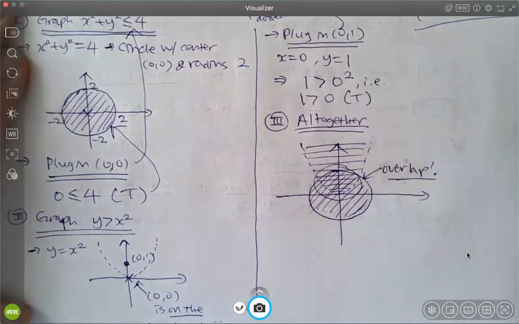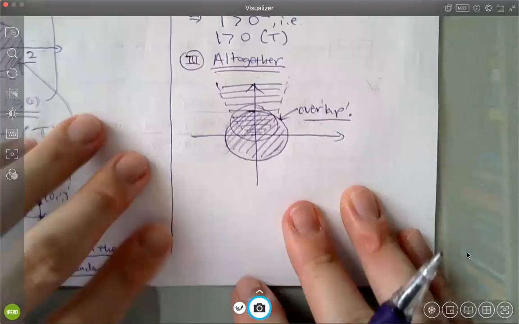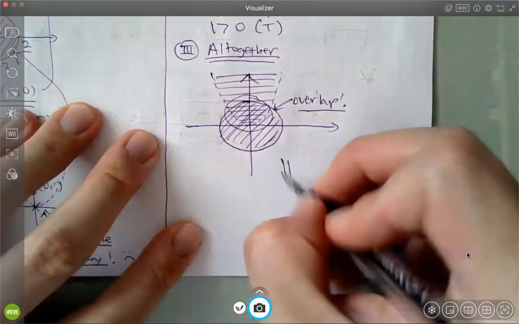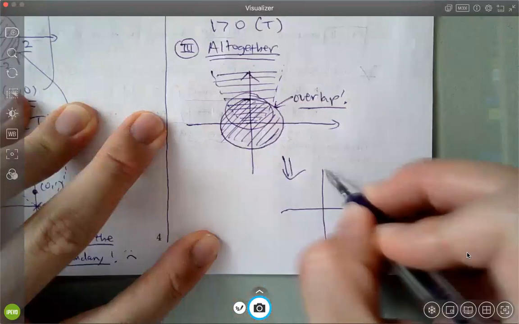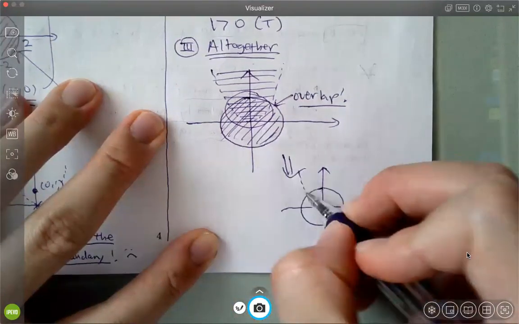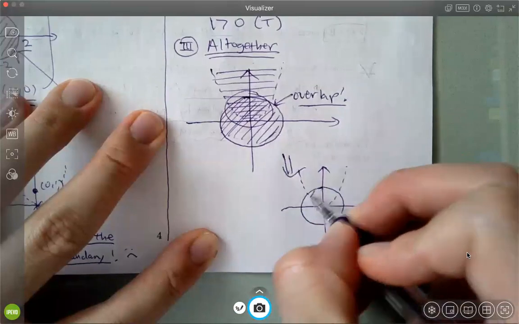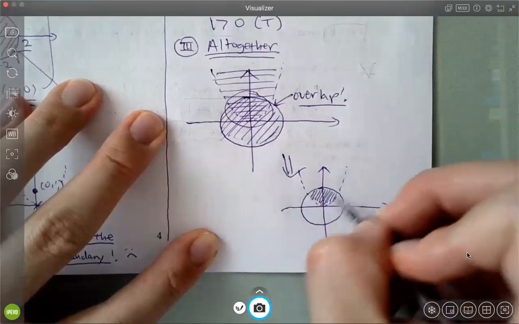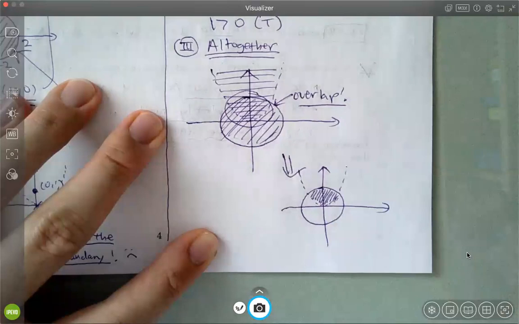Okay, and so what do we have to do? So what's the answer? The answer looks like here's a circle, and then here is a parabola, and then this little region. Okay, so that's the answer.